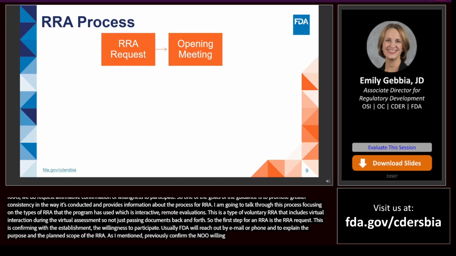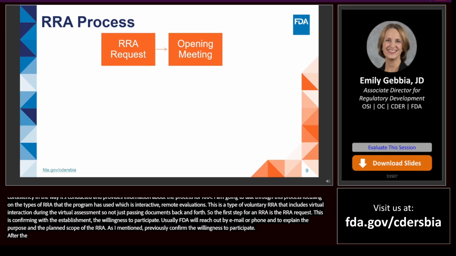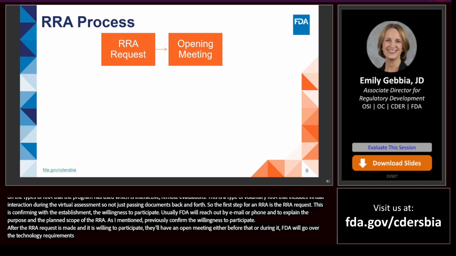After the RRA request is made and the establishment confirms its willingness to participate, FDA will have an opening meeting with the site. Either before the opening meeting or during it, FDA will go over the technological requirements for the RRA and determine the best logistical approaches in collaboration with the establishment.